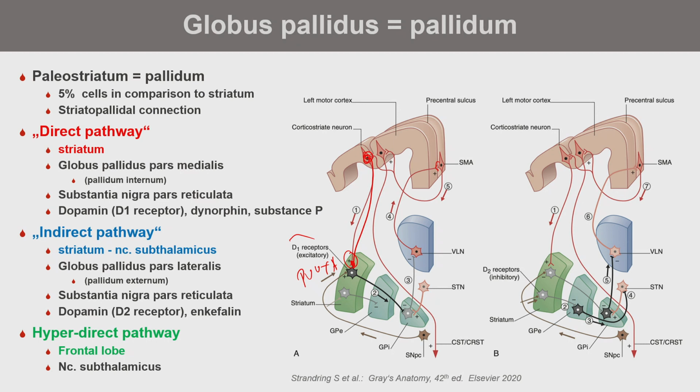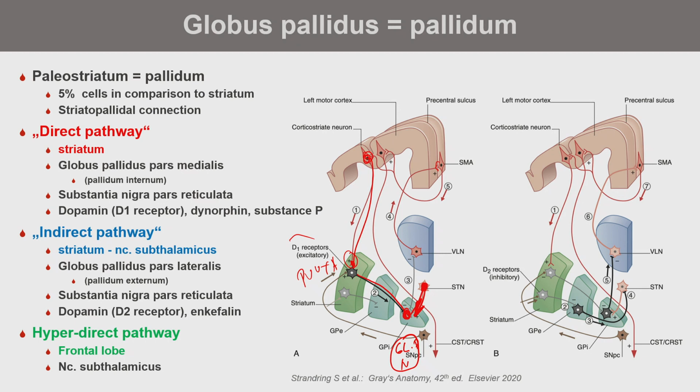One way is through the medial part of the globus pallidus, so this is globus pallidus internus, and then it is connected with subthalamic nucleus, and subthalamic nucleus is typically increasing the activity of the internal globus pallidus.